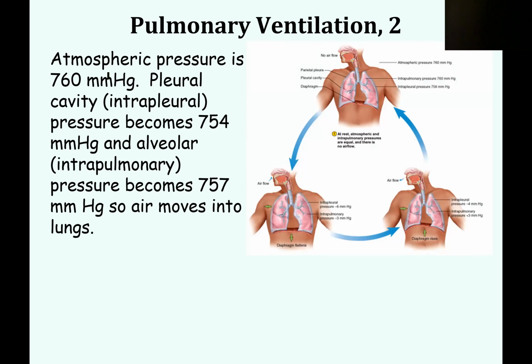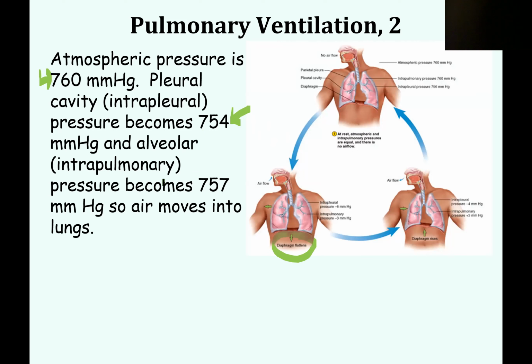Atmospheric pressure at sea level is 760 millimeters of mercury. Pleural cavity or intrapleural pressure, when the diaphragm contracts, and that's what we see here, is going to lower the pressure to 754 millimeters of mercury.